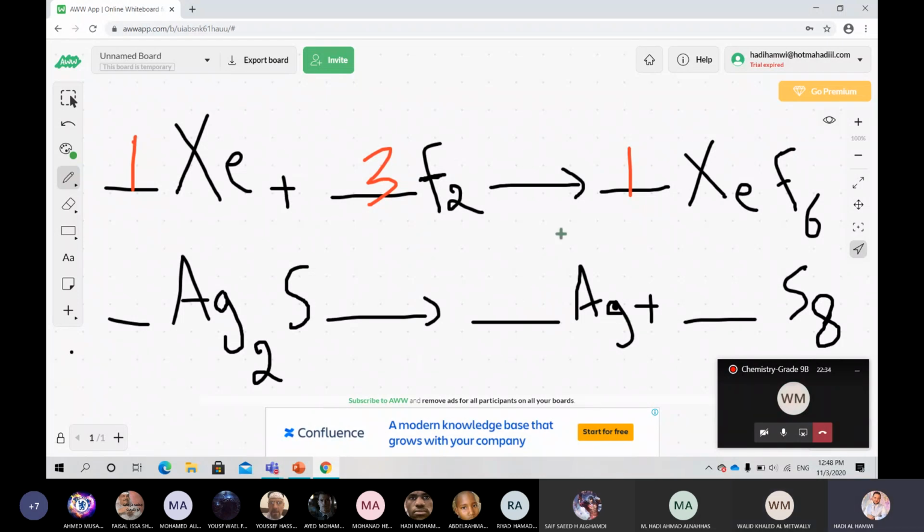We have 2 here in the products? Here, 1, Mister. So we should put 2, you mean? Yes. Okay, what about the sulfur? What do we have here? 1. And in the products? 8. What should I do?